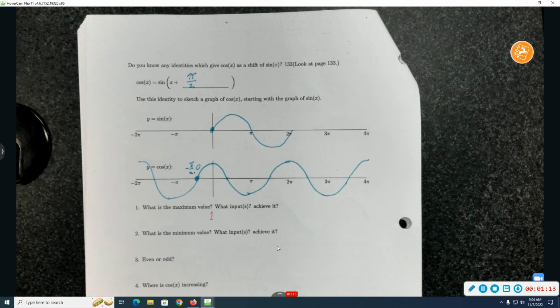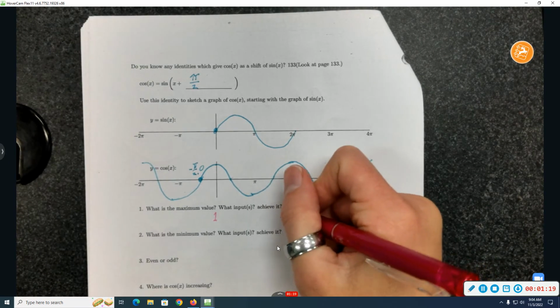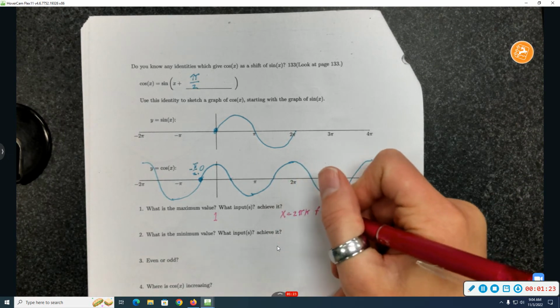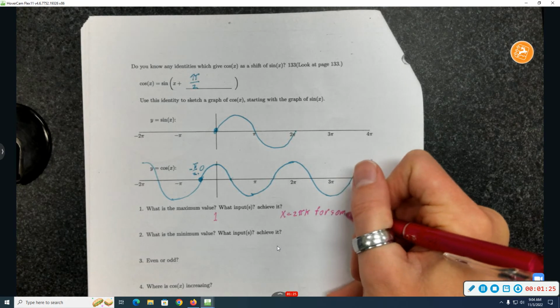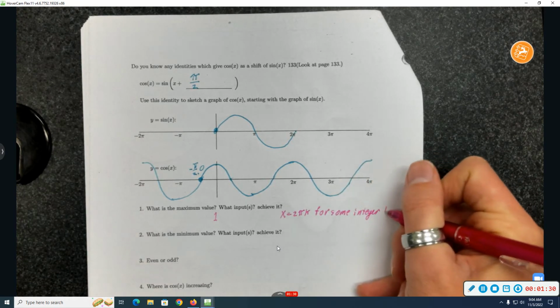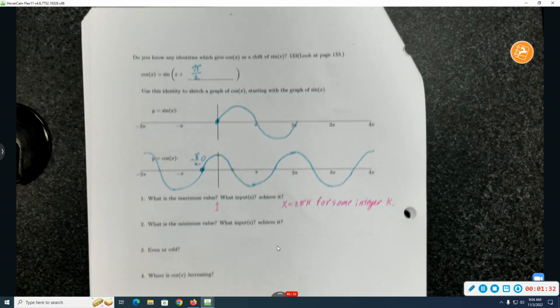They're just some multiple of 2 pi, for some whole number k.